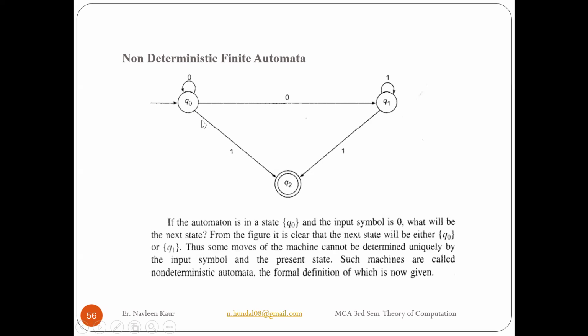It is telling us two states, go here or go there, which is not good. We want one final state, not two. Such machines are called non-deterministic automata or non-deterministic finite automata. And we are going to cover it thoroughly in the next slides.